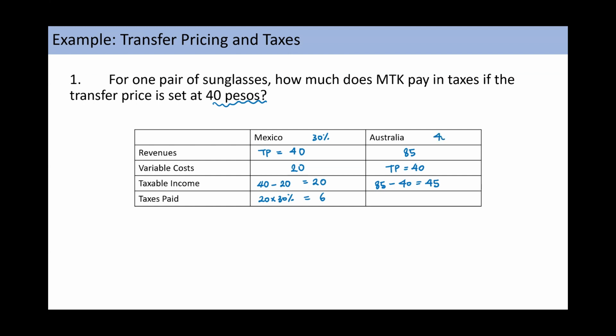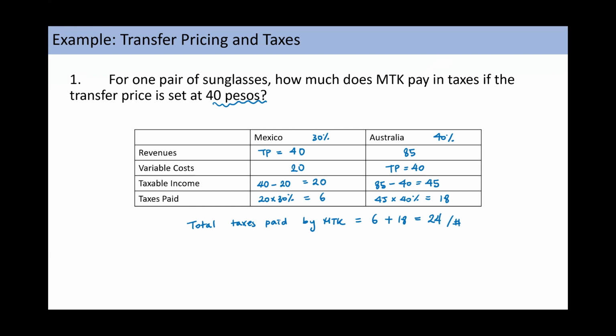And with a tax rate of 40%, 45 times 40%, MTK will be paying $18 as tax money to the Australian government. So in this case, the total taxes paid by MTK is $6 to the Mexican government, $18 to the Australian government. So that's $24 for each pair of sunglasses that they sell.